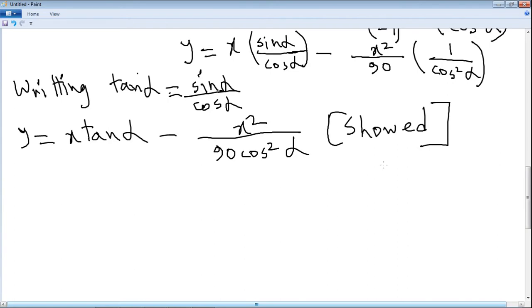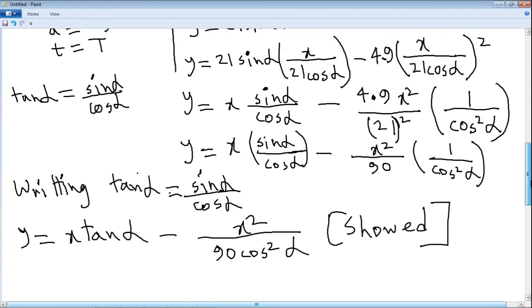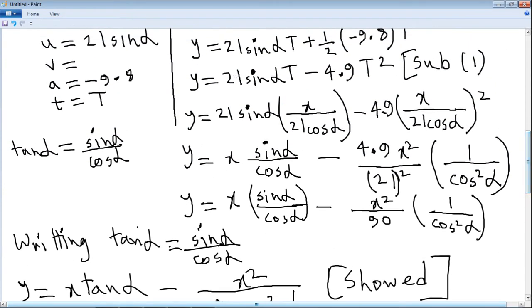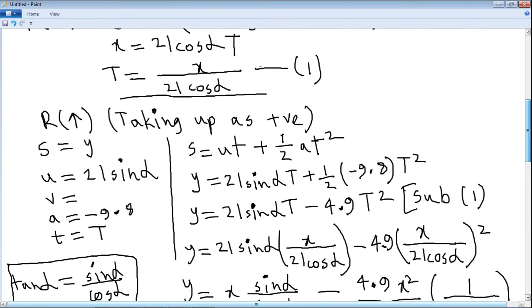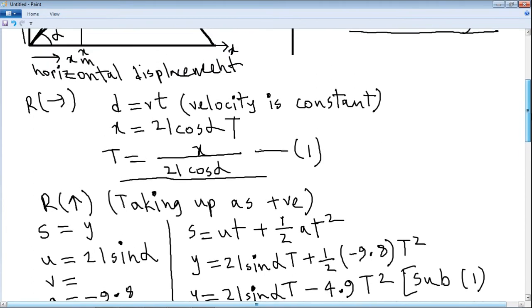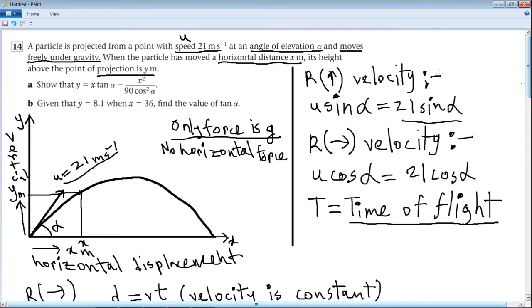This is the answer. We just substitute this value here, then we find this equation. I hope that you have got it clear, you have understood this solution, the question as well as the answer.